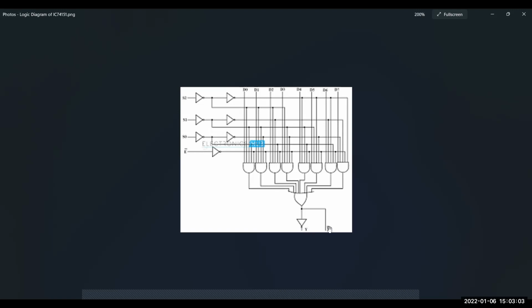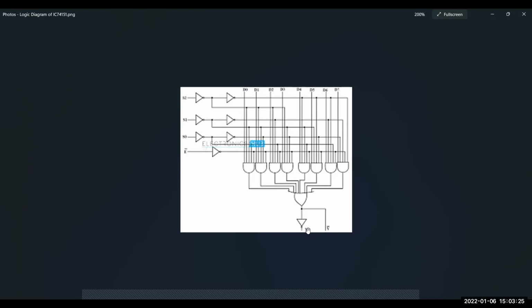But in the case of the 4:1 multiplexer, you can see there is only Y in the output, while for the 8:1 multiplexer there are inverted as well as normal outputs.